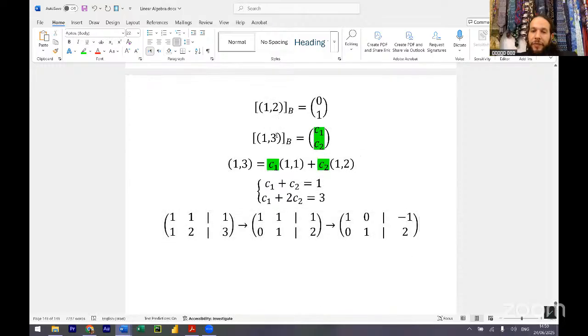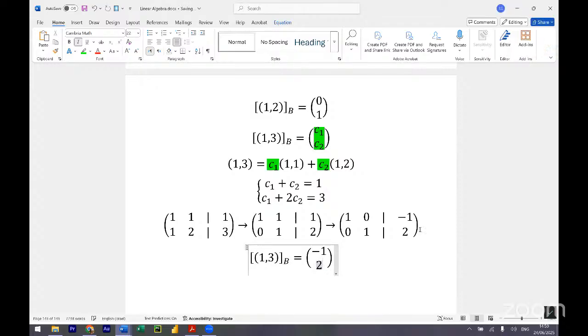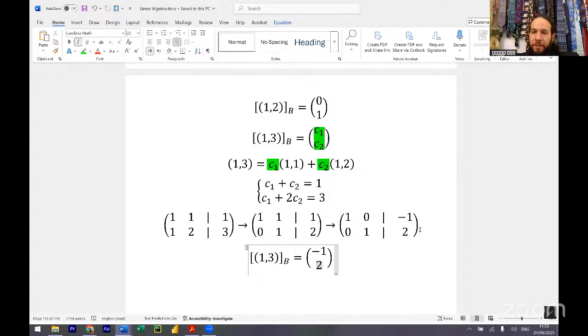So (1, 3) in basis B, the coordinates are minus 1, 2. Any questions so far?